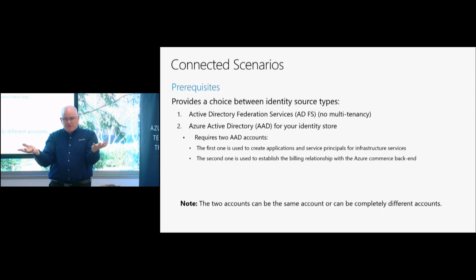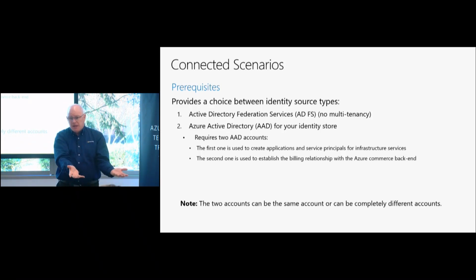If they wanted to go to ADFS, they could only have all their tenants come from one Active Directory domain environment or forest that they're working with. If they wanted to be able to bill back each tenant, so in this case the IT department was going to manage all the scale units, but they wanted each division to be able to bill back to their own Azure subscriptions, the only way that could happen is if they registered the scale unit to Azure AD, and then each tenant would register individual tenants to either ADFS or to Azure AD.